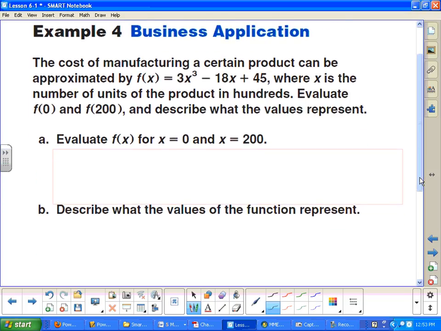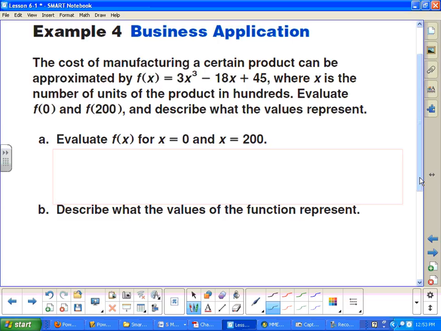So we're using this function, f of x equals 3x cubed minus 18x plus 45. And it tells us that x is the number of units of the product in hundreds. So first they want us to find f of 0 and f of 200. Well, how do I do that?